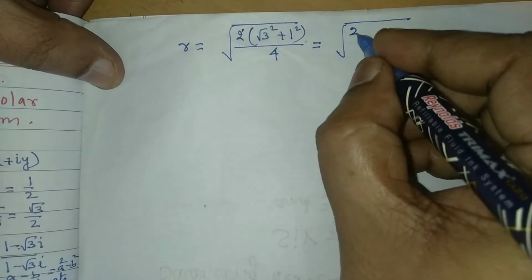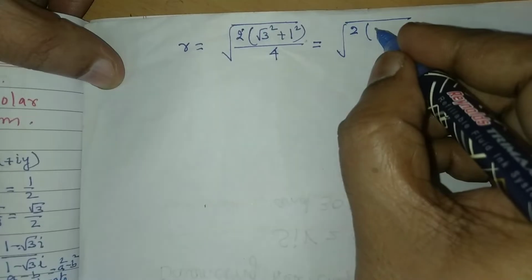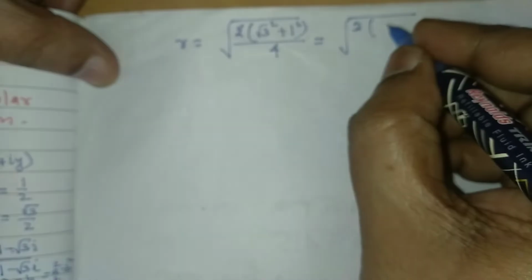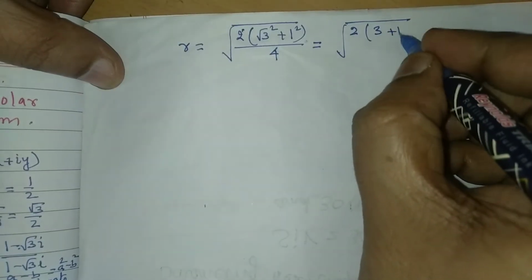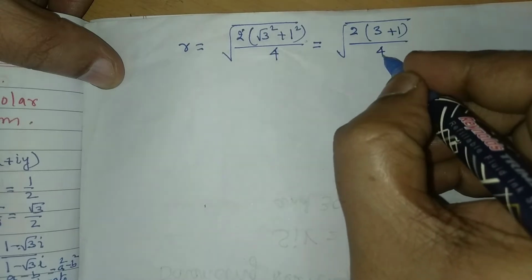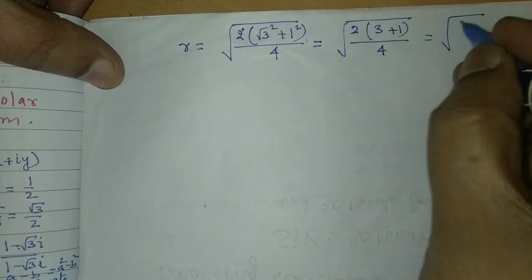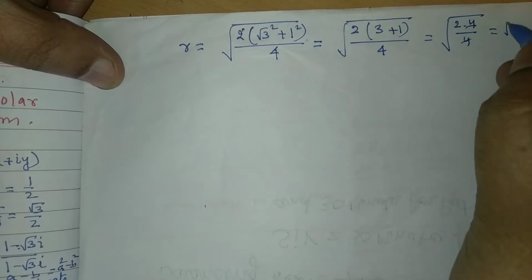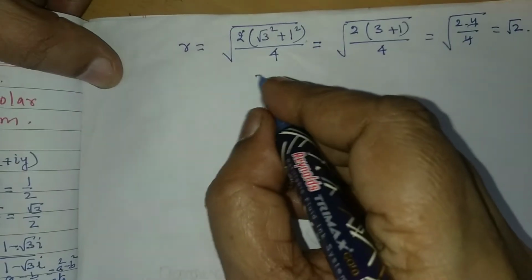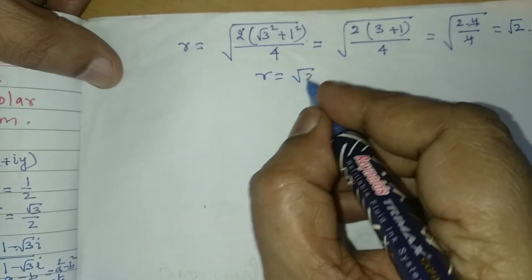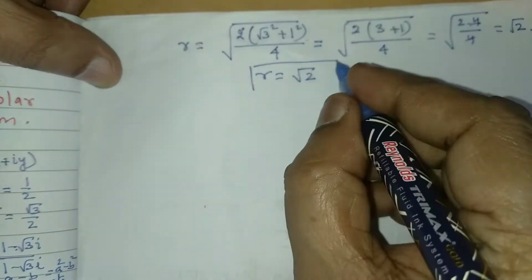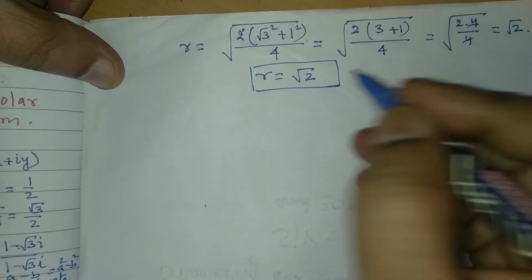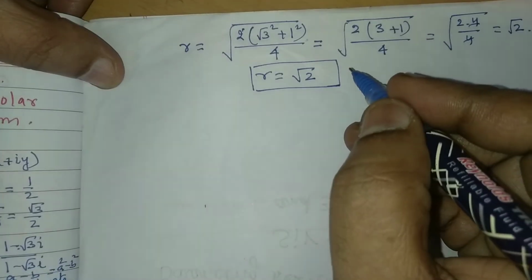Square root of 2, and this is square root of 3 squared, so it is 3 plus 1 divided by 4. So it is 2 into 4 divided by 4, so root 2. So r is equal to root 2, which also gives the modulus of the complex number.